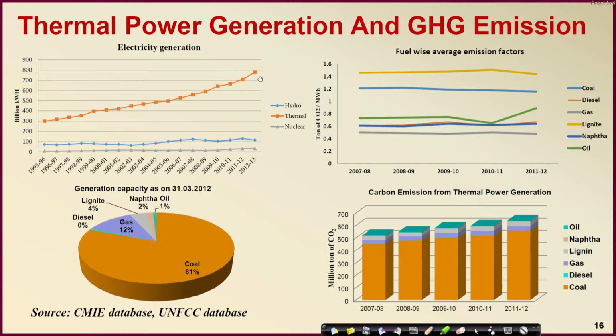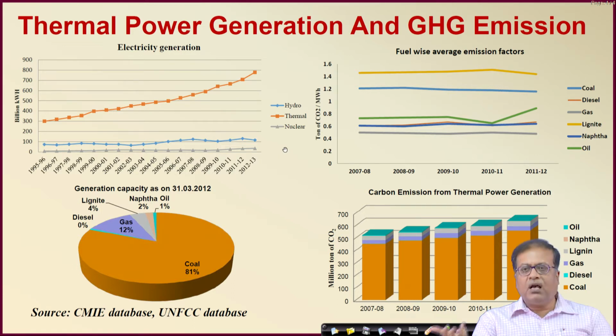Thermal power is increasingly going up. The hydroelectricity and the nuclear levels are way below, is it not? So, as our country is growing very rapidly, its GDP is one of the highest in the world, in fact probably the highest in the world most of the time. We are the fastest growing GDP in the world, even better than China most of the time.